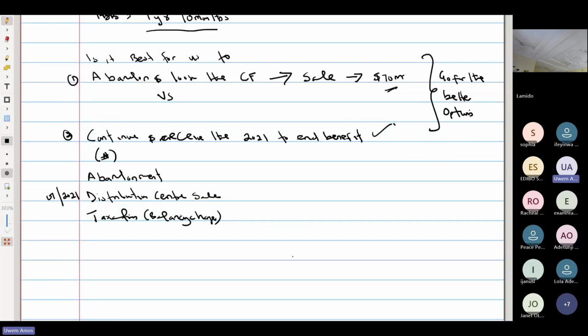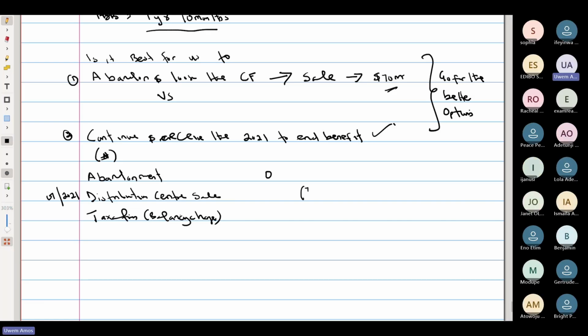So we can call this here year 0, because it's a new investment appraisal where we're considering whether or not to abandon. That is your 70 divided by 1.224, which is 57.19. Any question on that value, please?